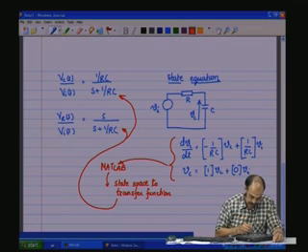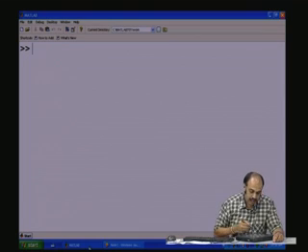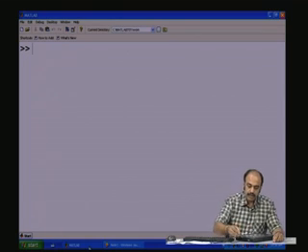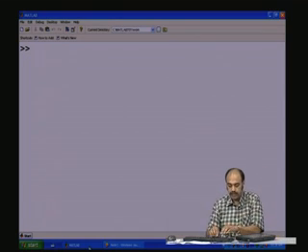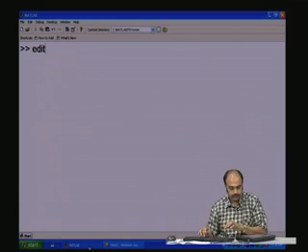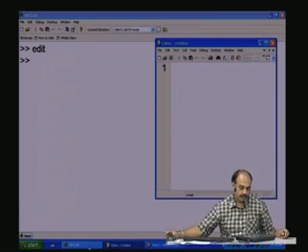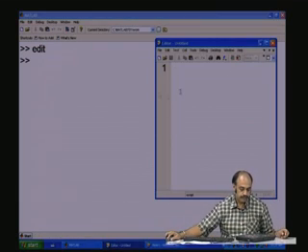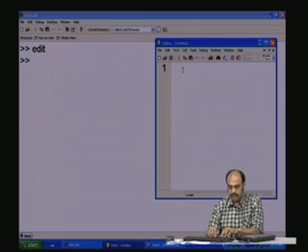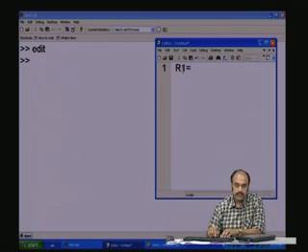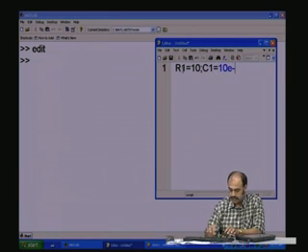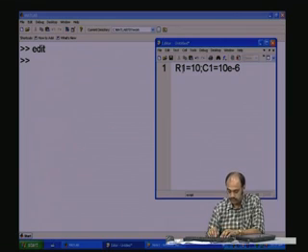So, first we go into the MATLAB domain. In the MATLAB domain, let us open an edit window. So, we have the edit window here. Let us first give the parameters. There are two parameters: let us say R1 equals 10 ohms for now, C1 equals 10 e minus 6, or 10 microfarads.